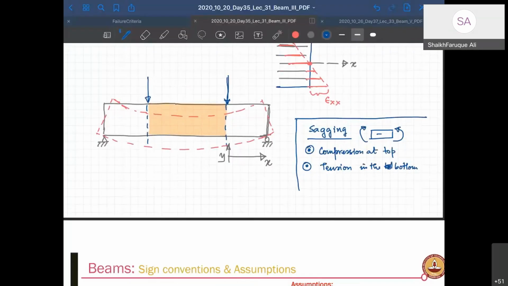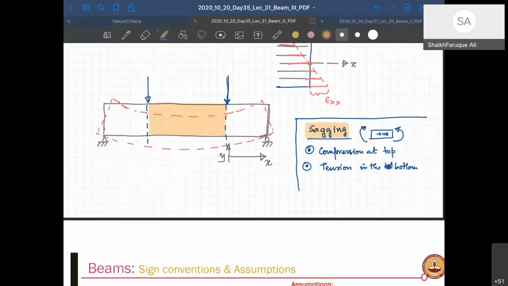And it is called positive. So when we say sagging moment or sagging bending, we call it positive: compression at the top and tensile at the bottom. This is also a nomenclature that is heavily used in industry. When they call it a sagging moment, that means there is tension in the bottom side of the fibers, and there is compression in the top side of the fibers, right?